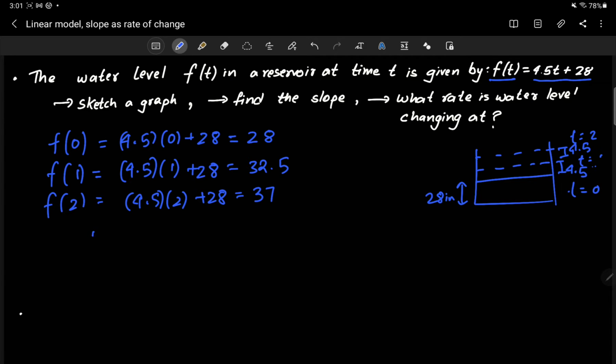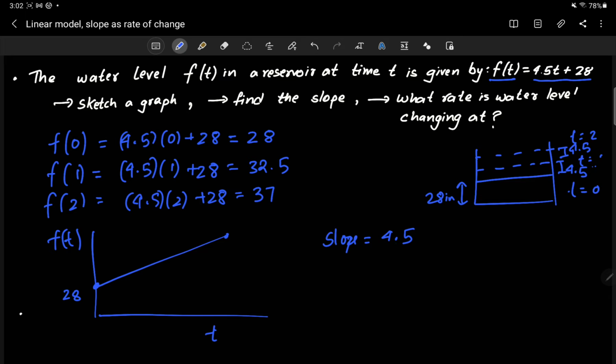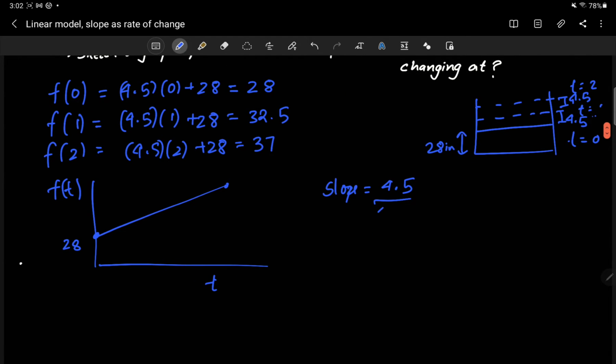When it says sketch a graph, you're basically drawing the function. At 0 it is 28 and then it increases. So this is t and this is f of t. It's going to be a straight line because it's a linear function. The slope is exactly 4.5, which gives you, from our previous discussion, the rate of change of water level.